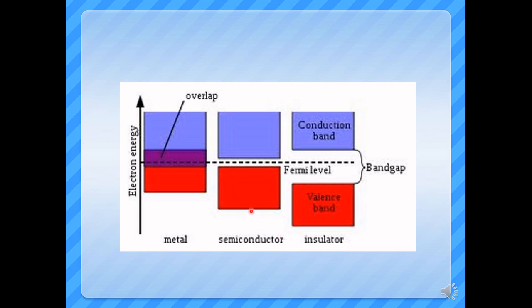In semiconductors like silicon, germanium, etc., the energy gap between the valence band and conduction band is very small. So thermal excitation of electrons can take place from the valence band to the conduction band, and therefore such materials will be conducting. Now this conductivity can be increased by adding a doping material, which can increase the conductivity because of this very small energy gap.